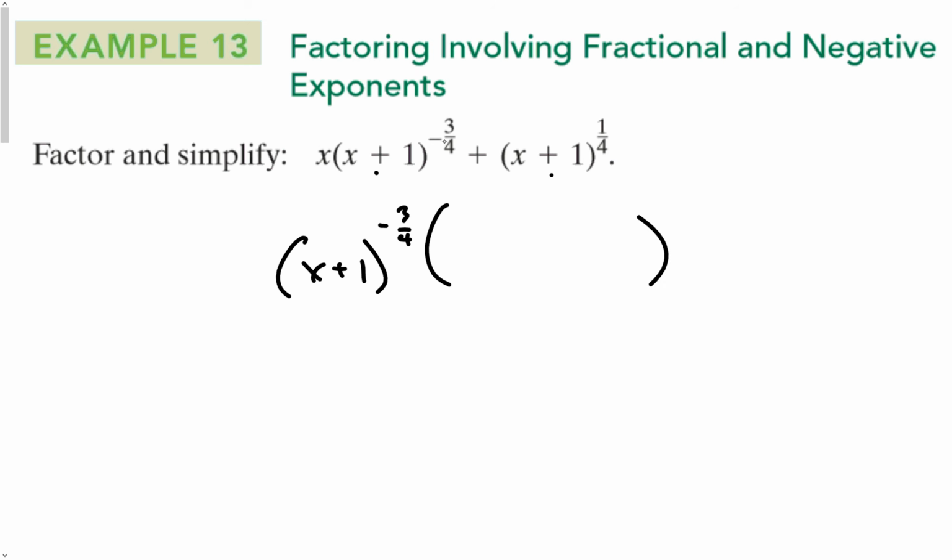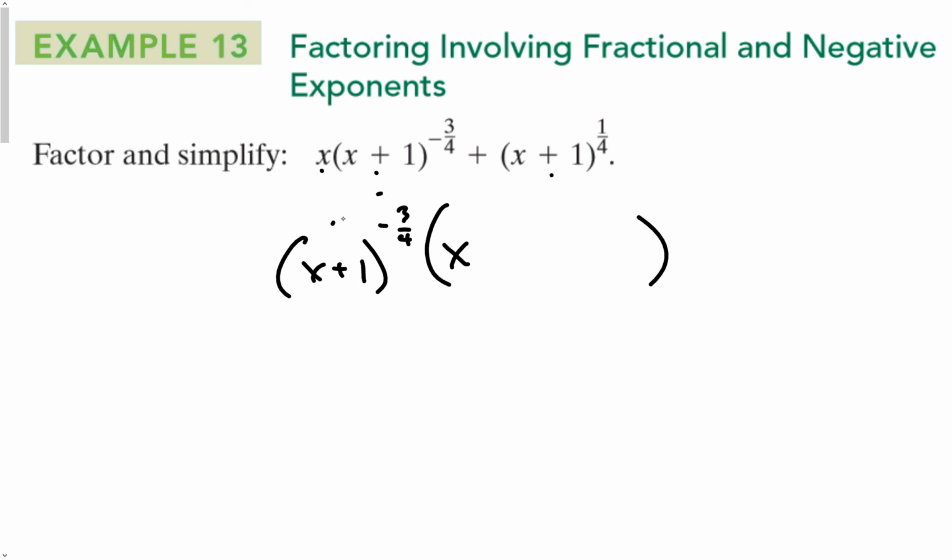Well, I took out the whole thing, right? I started with negative 3 over 4. I'm going to subtract exponents in order to divide it out. Negative 3 over 4 minus a negative 3 over 4 is 0, right? I factored out the whole thing. But that's left over, right? And if I were to distribute this back in, right? X times this gives me this.